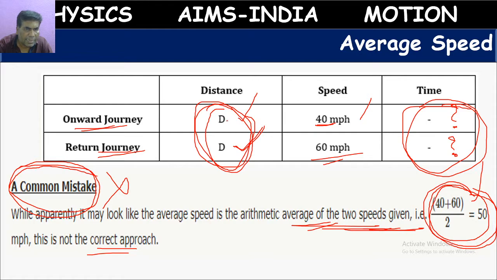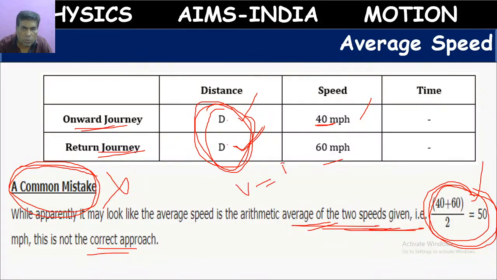What is the total distance? d plus d, 2d. What is the total time? We have to find it. How to calculate time here? What is the formula of time? We know that velocity equals distance by time.